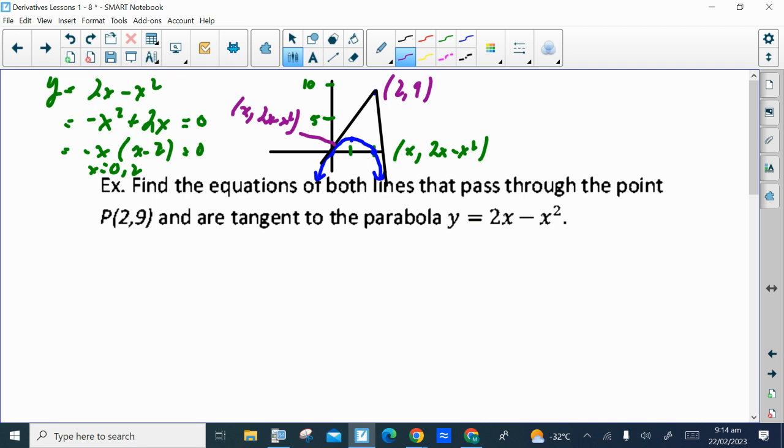Remember that the slope formula can be used to find the slope of any line as long as you know x1, y1, x2, y2, which we actually have in this case. The slope of the tangent, m, equals y2 minus y1 over x2 minus x1.